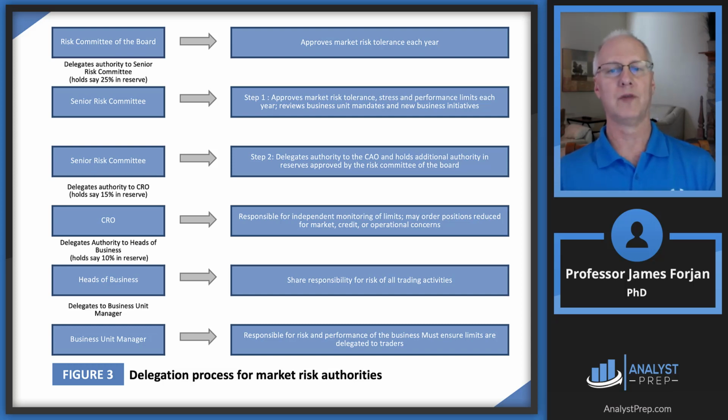The chief risk officer then is responsible for the independent monitoring of all of the things above it. And then in addition to some other stuff, heads of the business are going to share responsibilities, and then each business unit manager does something similar. But what that business unit manager is going to do is be responsible for the performance and the risk levels for each business unit.